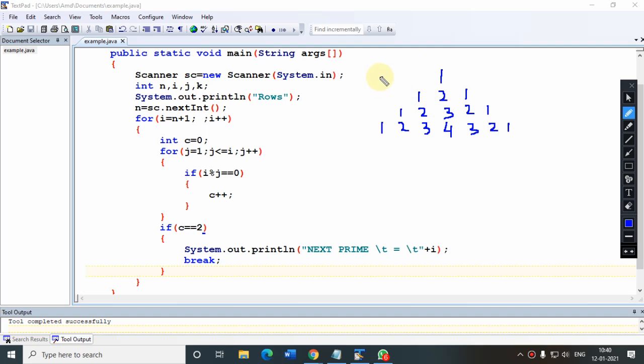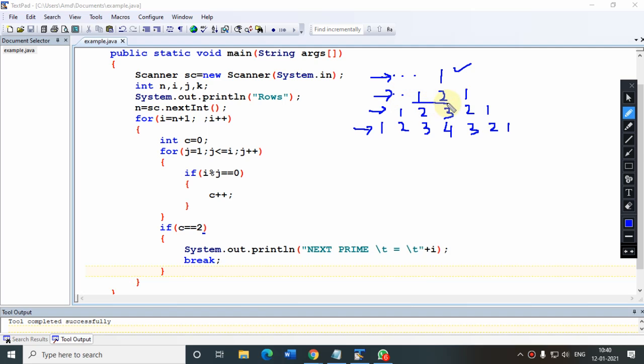So how many rows are you having here? 4 rows. So first time you are printing 1 after 3 blanks. Then on the left side there is nothing. Then in the second row you are getting 2 blanks. Then we are getting 1 and 2.